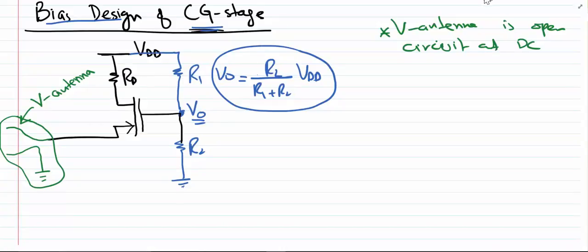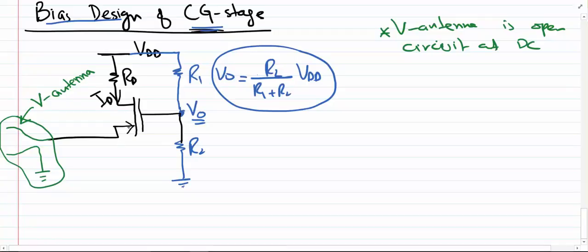So while properly biasing this amplifier, we realize there is no path for the bias current, or ID, which is the DC current, to flow through.